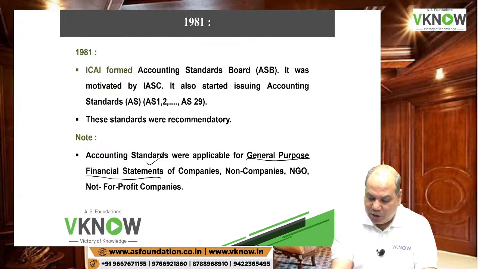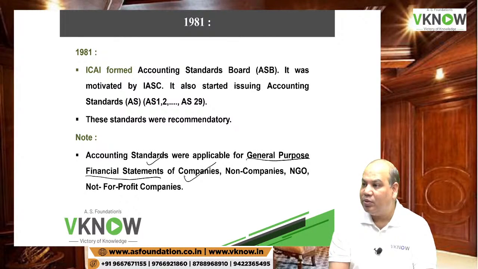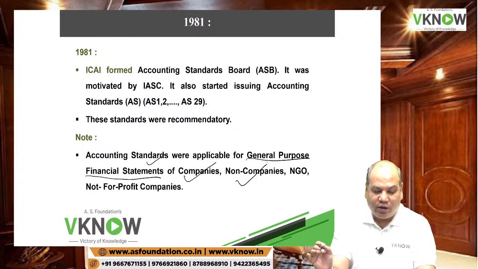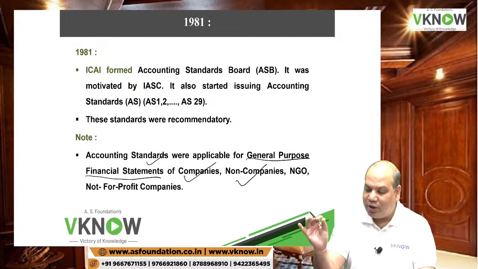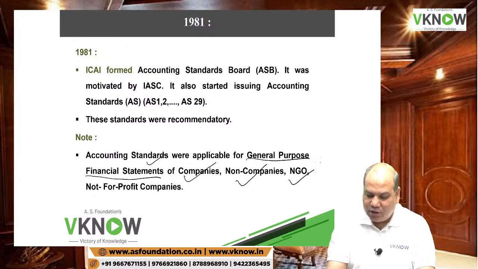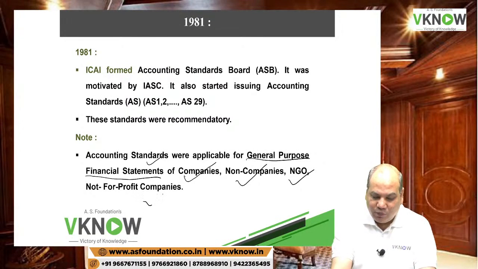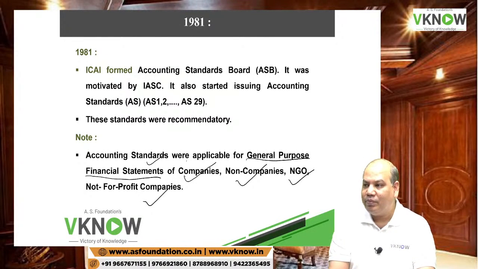Is AS applicable only to companies? No. It is also applicable to non-companies. So you have studied in Inter, AS is applicable for even partnership, even proprietorship, even NGO, even not-for-profit companies.